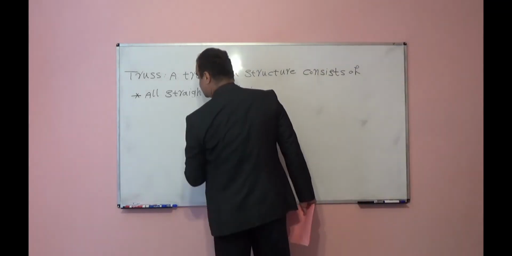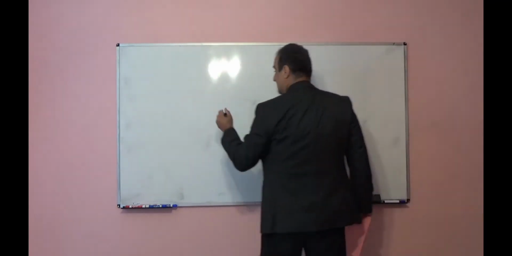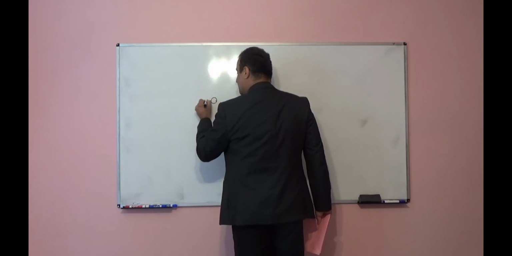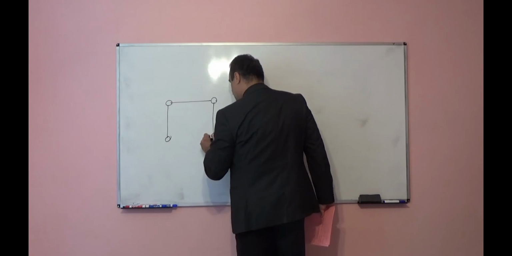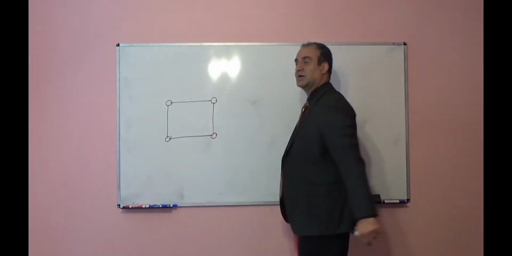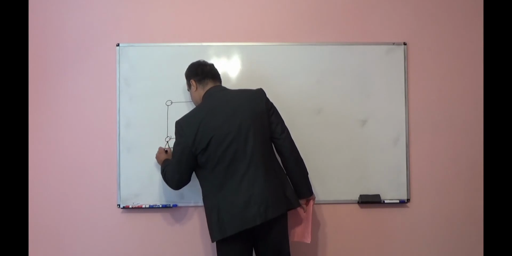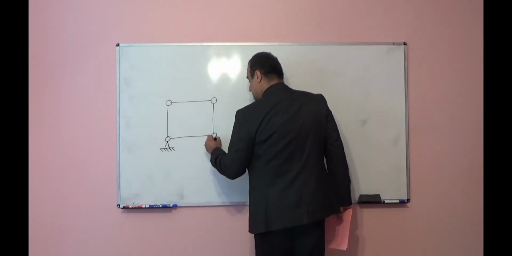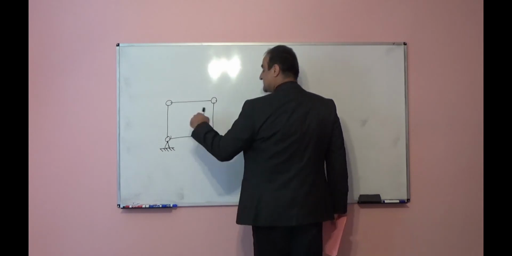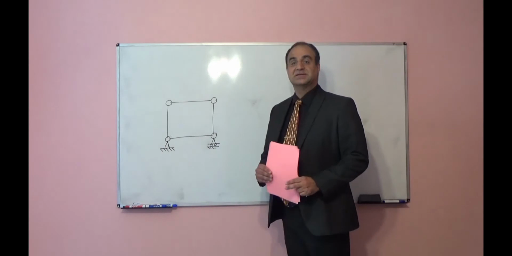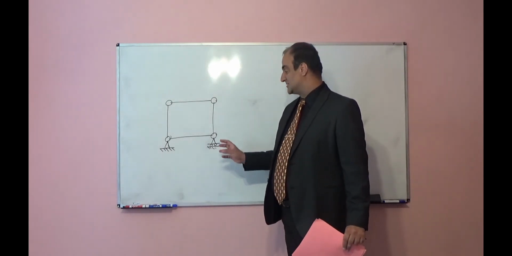For example, if I have 4 straight members and, using pin or hinge, I connect these straight members together and attach to the ground using one hinge support and another roller support, this structure externally is stable. It cannot move in the X direction, Y direction or Z direction.